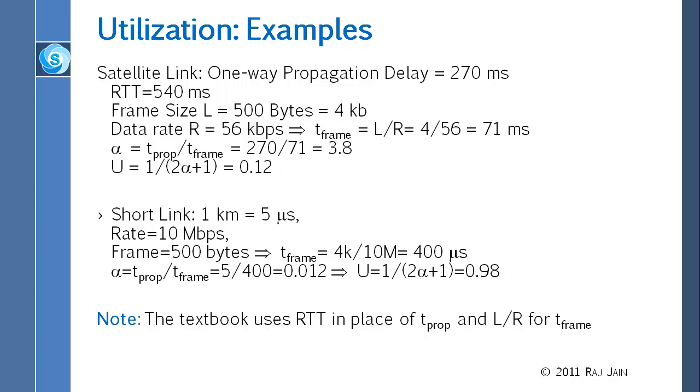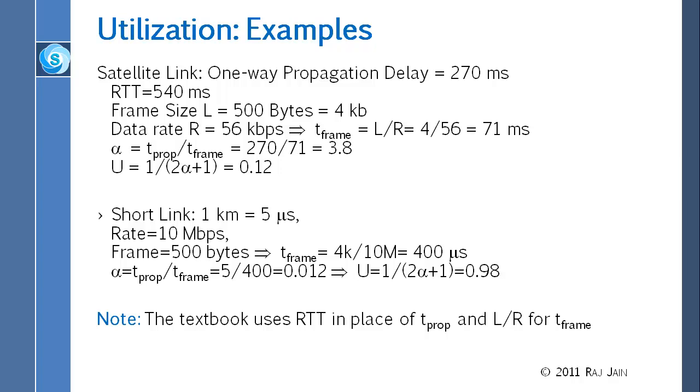So here's a graph. Actually, by the way, before I go further, the textbook does not use this kind of formula. The textbook uses RTT in place of T prop and L upon R in place of T frame, and I am going to use mine because this is a very powerful conclusion that I want to emphasize and will come back to later on. So it's very important to understand alpha. The textbook does not even use alpha.